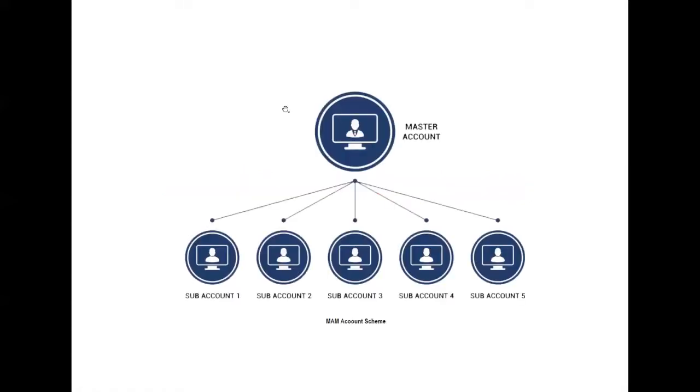The master account is composed of several different sub-accounts. Each sub-account has its own equity, and the positions taken in the master account are subdivided according to the percentage of each account in the master account.